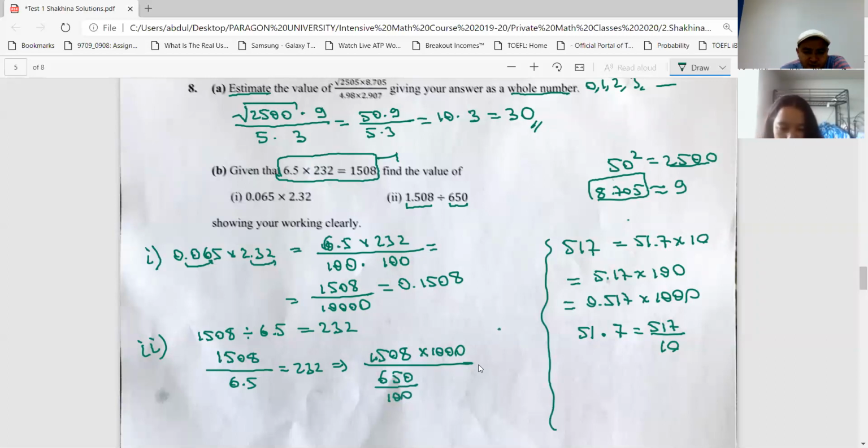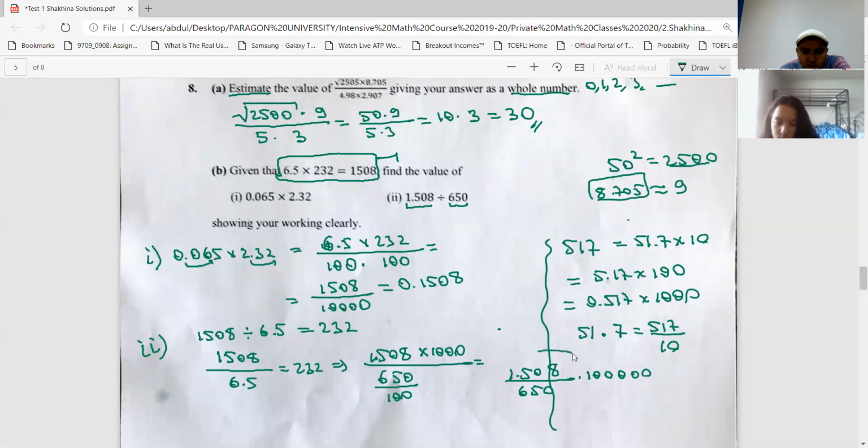So now if you just simplify this, this 100 goes up, right? Here we have 1.508 over 650 times 1000 times 100, that is 100,000.